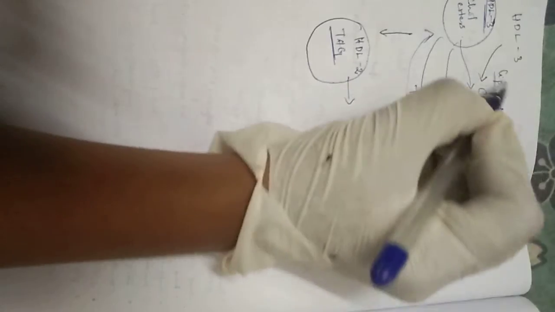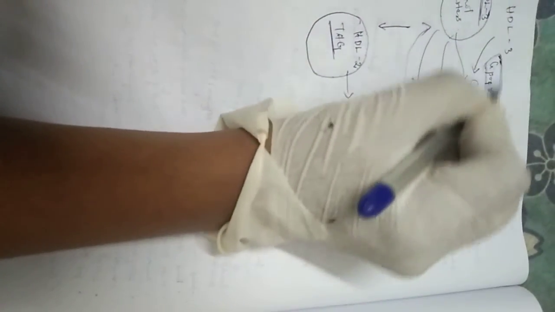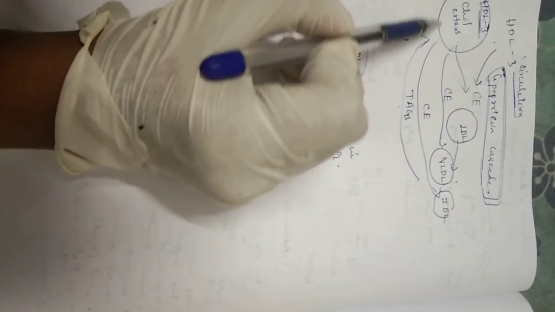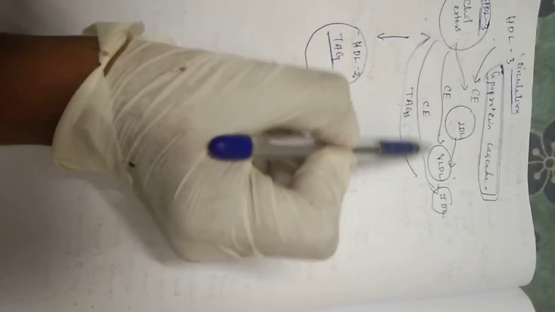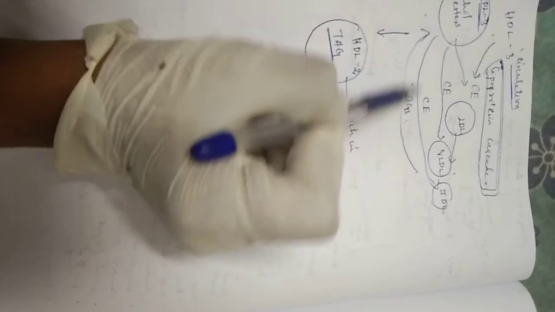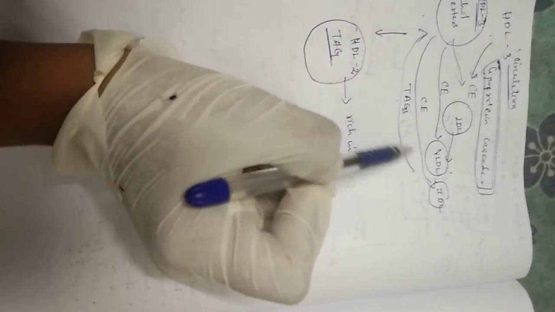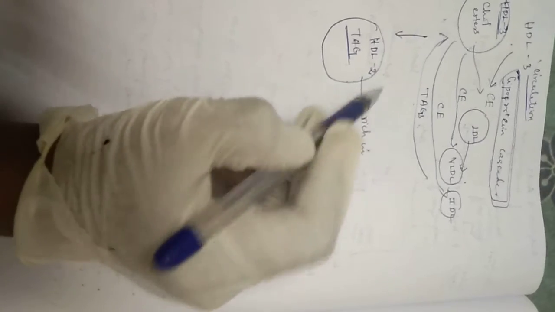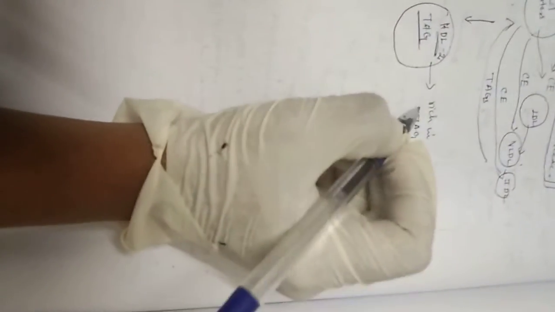This pathway is called the lipoprotein cascade pathway. When it remains in the circulation, this is very important, the cholesterol esters from the HDL3 are transported to the LDL, VLDL and IDL, and in exchange for the cholesterol esters it gets triglyceride molecules. So this triglyceride-rich HDL3 is now called HDL2.